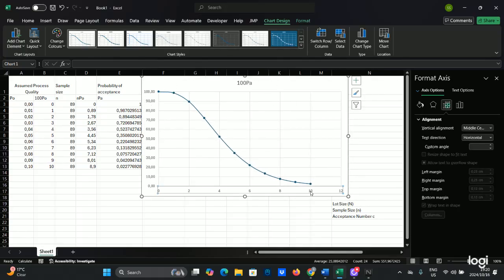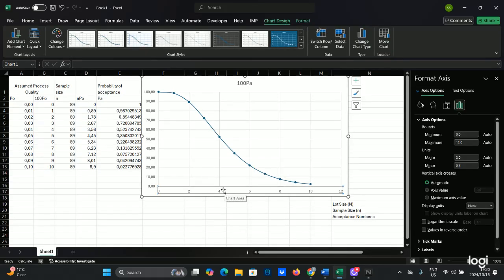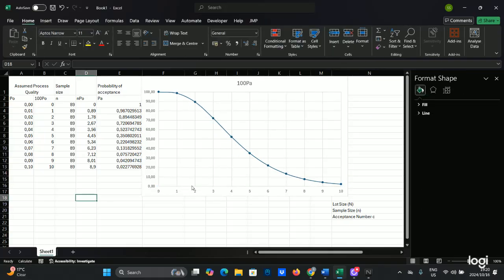And then you double click on the x-axis, and you're going to get minimum and maximum, and you're going to reduce your maximum to 10. So now you can see your OC curve starting to take proper shape.